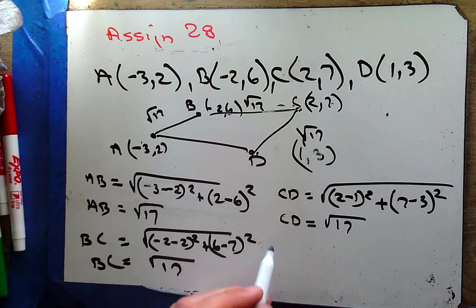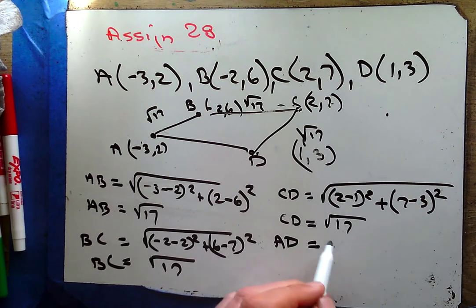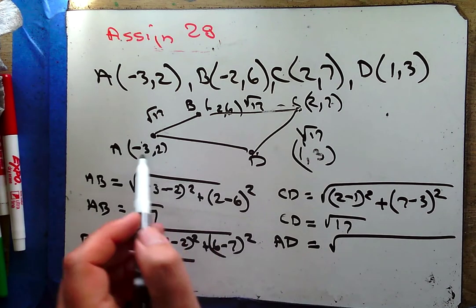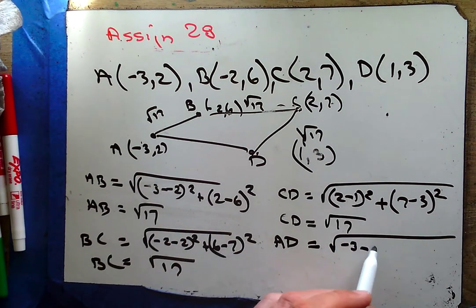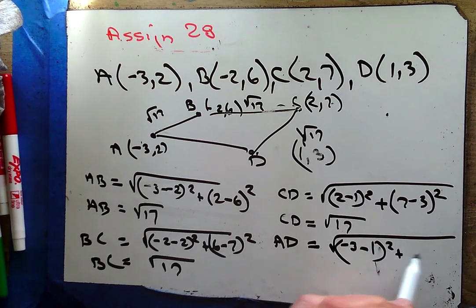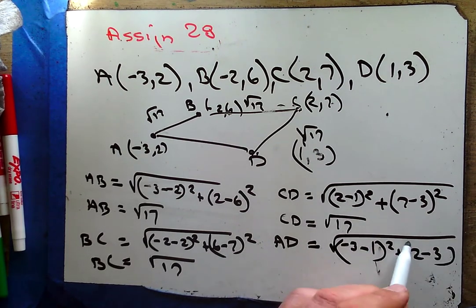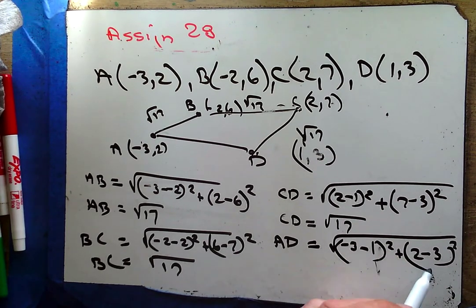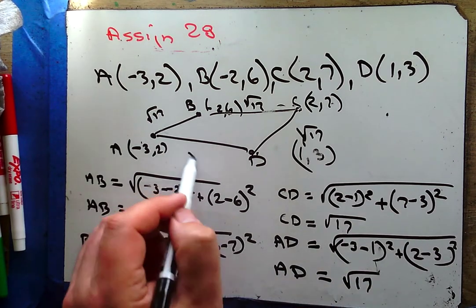AD is -3 minus 1 squared plus 2 minus 3 squared. So that's -4 squared, which is 16. It's -1 squared, which is 1. 16 plus 1. AD equals the square root of 17.